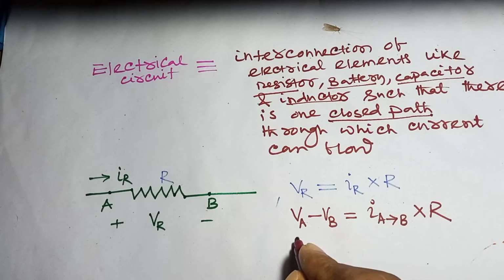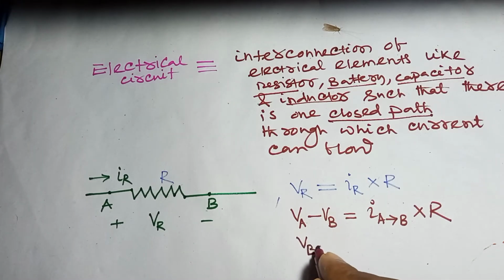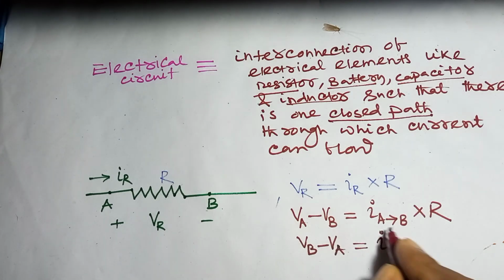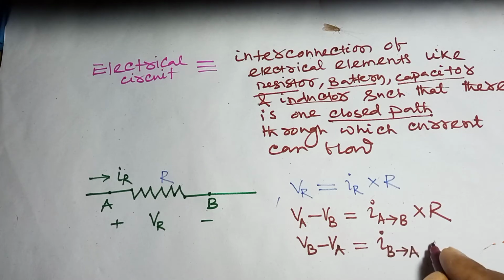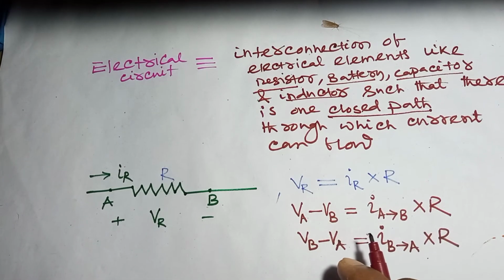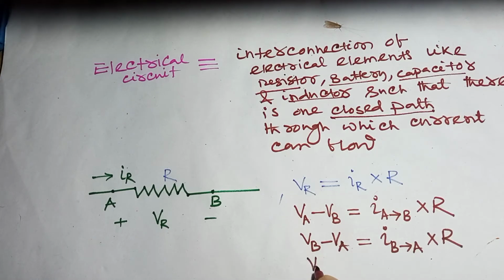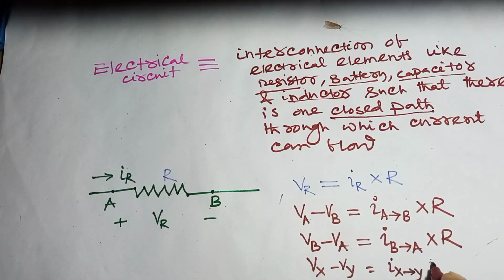Similarly, if I am writing VB minus VA, then it will be the current which is flowing from the B terminal to A terminal multiplied by the resistance value. In general, you can write Vx minus Vy will be I_xy times resistance value. So this is the relationship between voltage and current for a resistor.